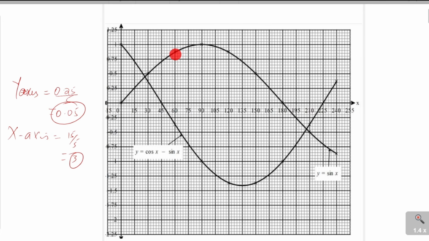So let me explain about this. I will plot this. 60 is 0.87. We said the size of one small square is 0.05. So this is 0.75. The next small square will be 0.8. Then the next one is 0.85. And when you jump to the next one, it will be 0.9.